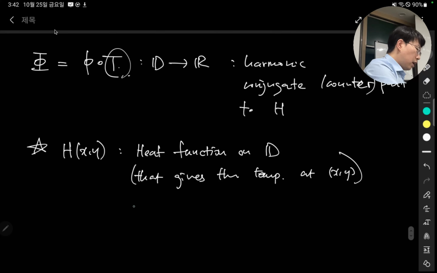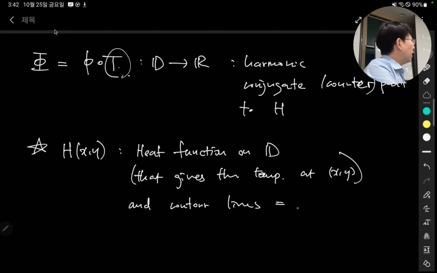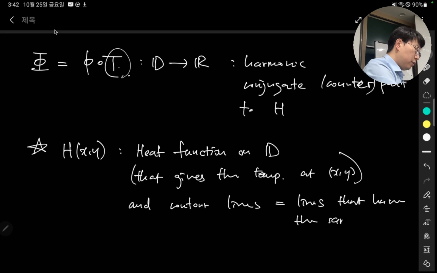And the contour line is the curve that has the same temperature. How do I have a word for that? The lines that have equal temperature, the same temperature.